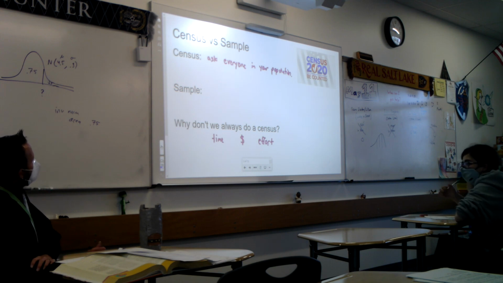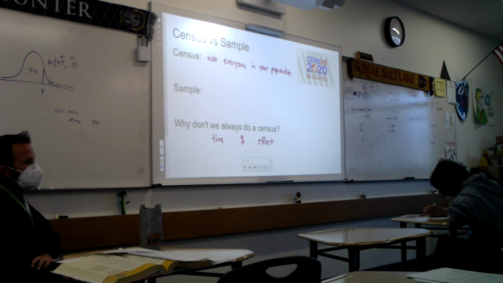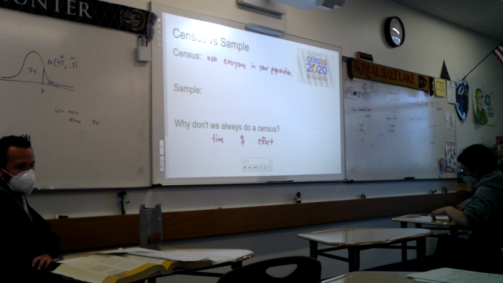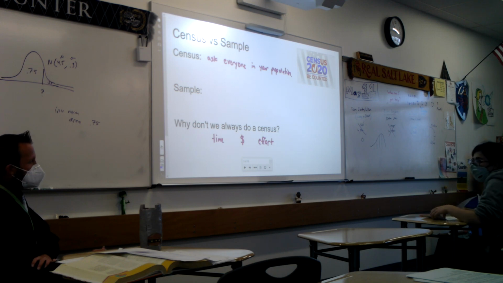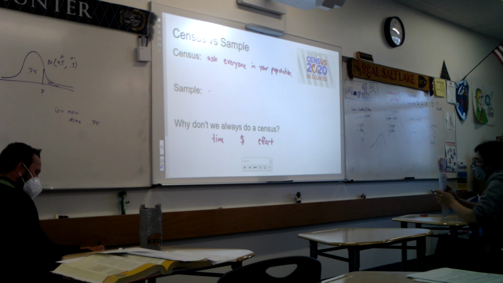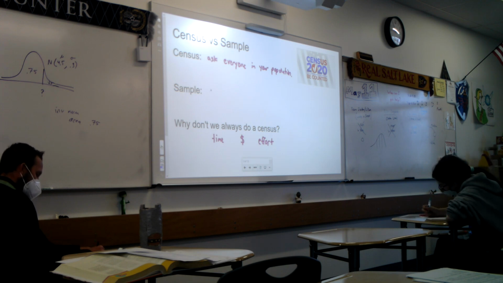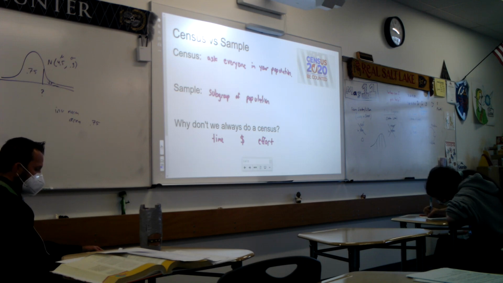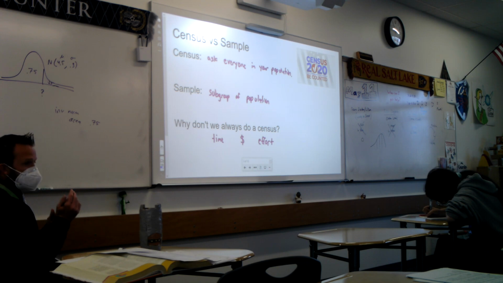Okay? So what do we do instead? We do a sample. What does sample mean? We talked about that last time. Yeah, this is a certain amount of people from the population, a subgroup of the population. Now what's interesting is several other countries no longer do a census.